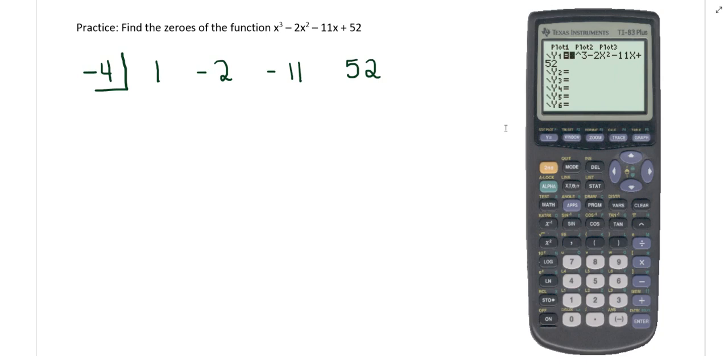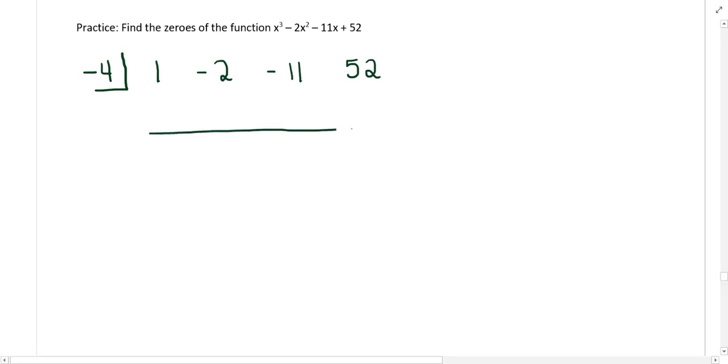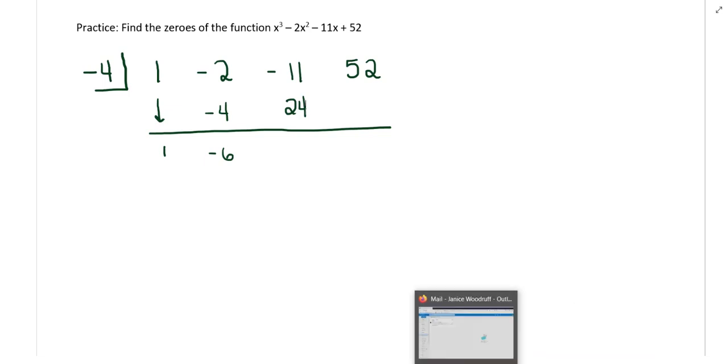Just want to make sure I put this in correctly. Okay, we're good. Okay, so then we're going to bring down the 1. 1 times -4, -4, -2 minus 4, -6. -6 times -4, positive 24. -11 plus 24, I believe, is 13.